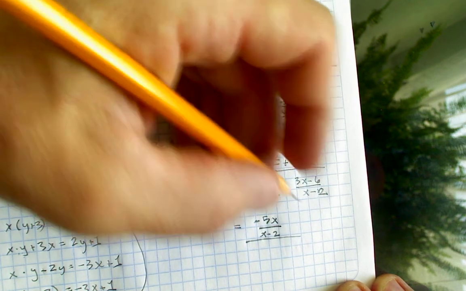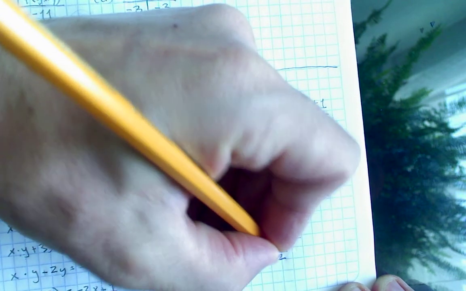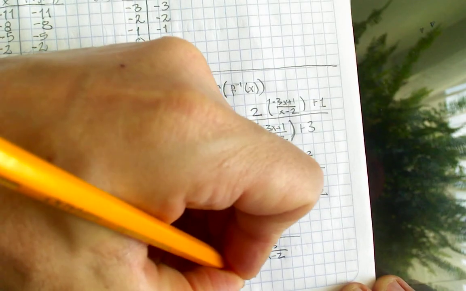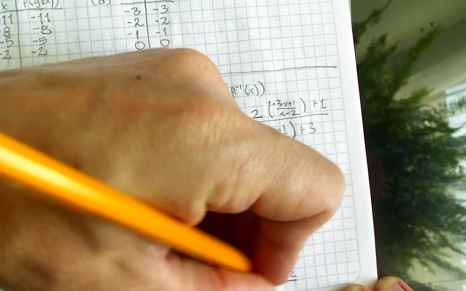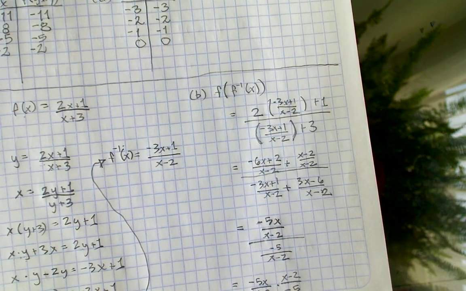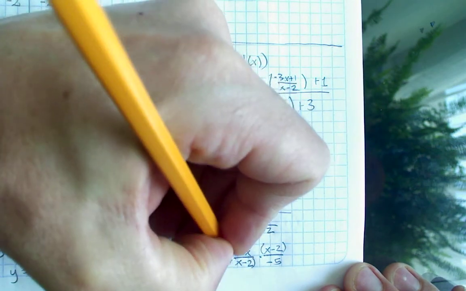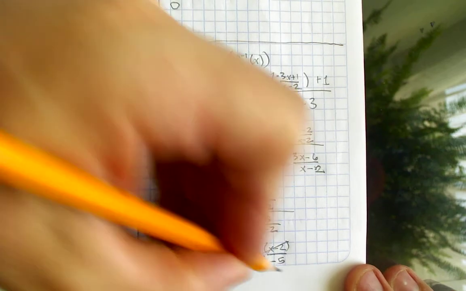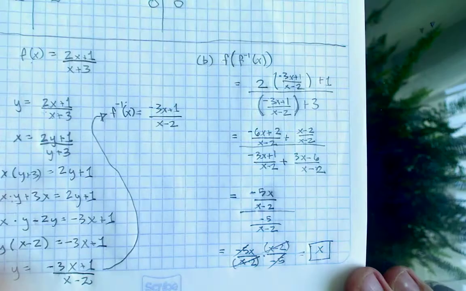Plus 1 minus 6 is minus 5 over x minus 2. So that's my denominator. Let me turn this into a multiplication problem: x minus 2 over negative 5. I'm multiplying by the reciprocal. And look at this, we get a lot of stuff canceling out here. Those cancel, and these negative 5's cancel, and I'm left with x.